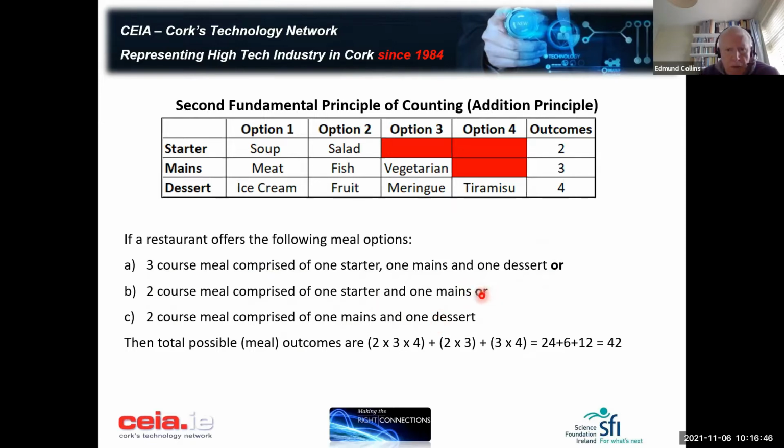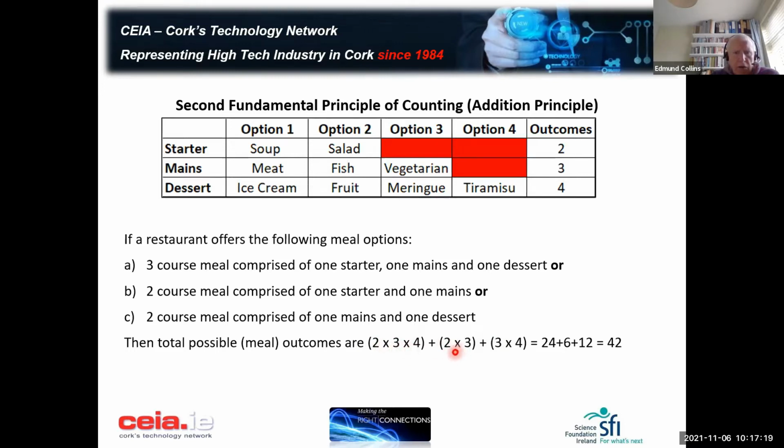So what happens here, you notice that the "or" is going to be converted into plus. But the multiplication principle is built in here. So we see the multiplication principle being used here, but we also see now that we're introducing plus. So these are the "or" options. The first option that we had seen before, 2 by 3 by 4.